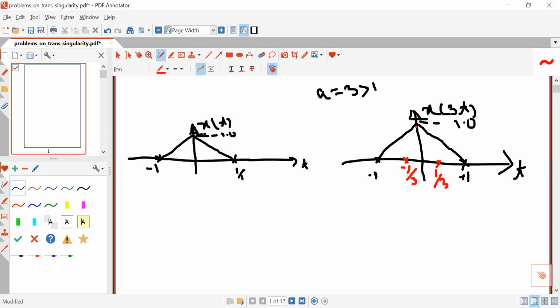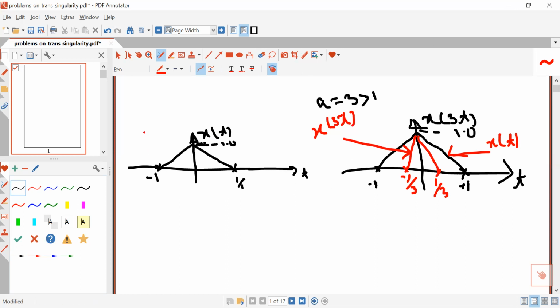This signal is x(3t), and this signal is x(t). So in this way, you can scale the signal on the time axis. This is problem number 1.